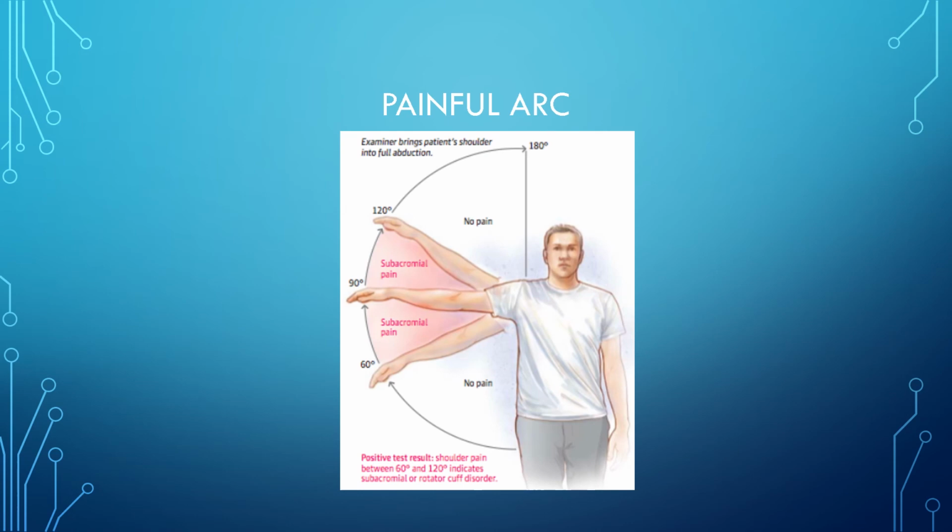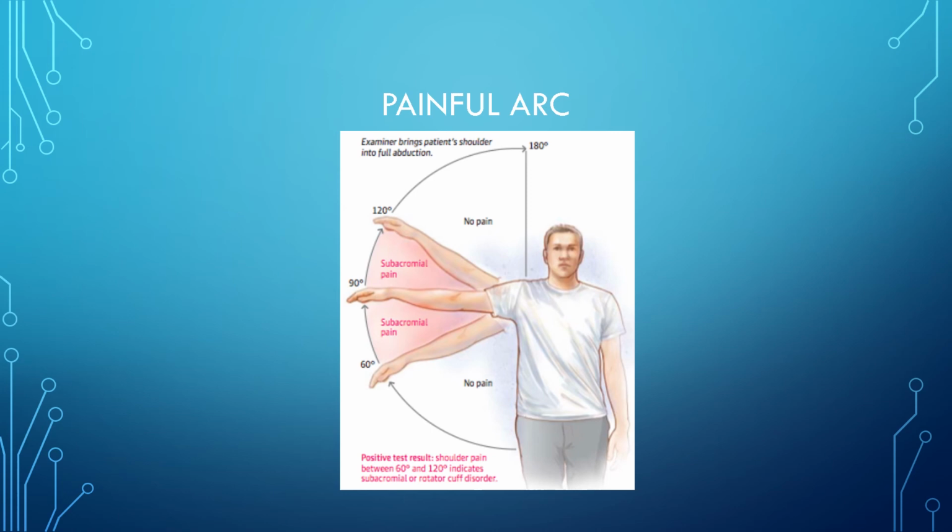Again, we might have noticed in the initial active movements that the patient seems to be in pain when they abduct their shoulder. Now, we call the painful arc that pain that develops at about 60 degrees to 120 degrees. And this is particularly the range of movement where the subacromial space is narrowed.